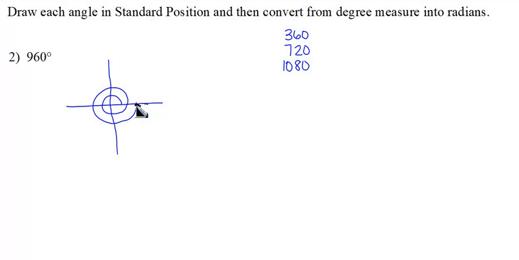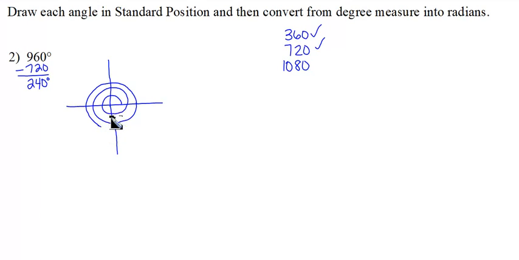Now, how do I know how much further I'm going to go? Well, I have traveled 720 degrees. If I subtract this from 960, I can see that I need to go 240 degrees more. So starting right here, I'm going to travel 180 degrees, and then the last portion, not quite to the 270.